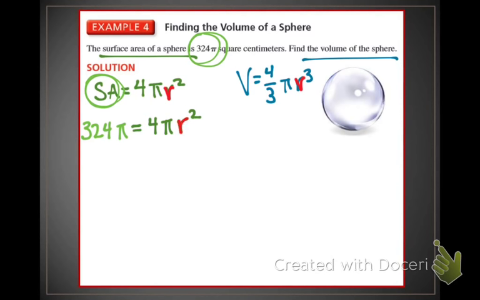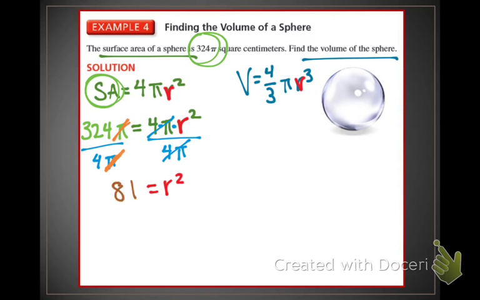And our goal is again to find r. Currently r is being multiplied by 4 pi, so we're going to divide by 4 pi. So again, you really shouldn't be reaching for the pi 3.14 at all, because our pi's are going to cancel. The only thing that you should type in is 324 divided by 4, which is 81.